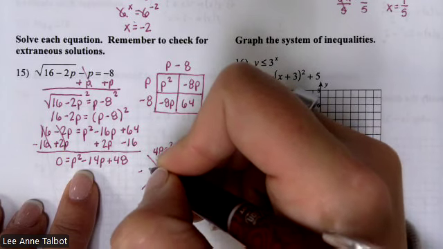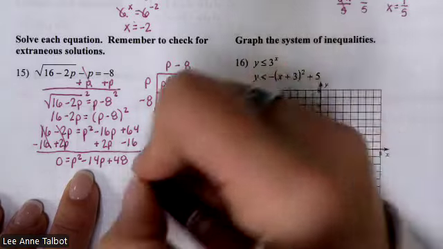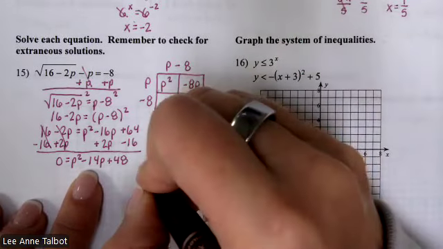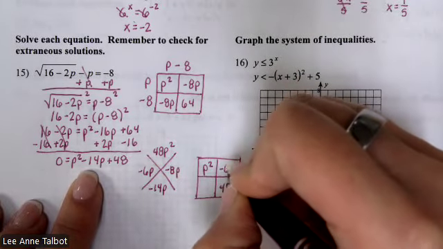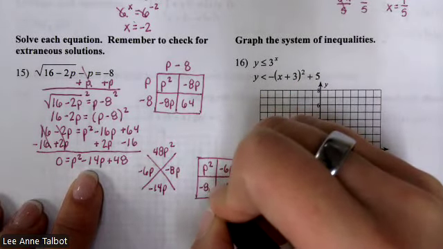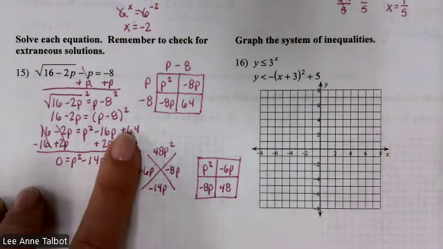Hmm, hmm, hmm, 12 and 4, 6 and 8. Oh, duh. We just did that over here.